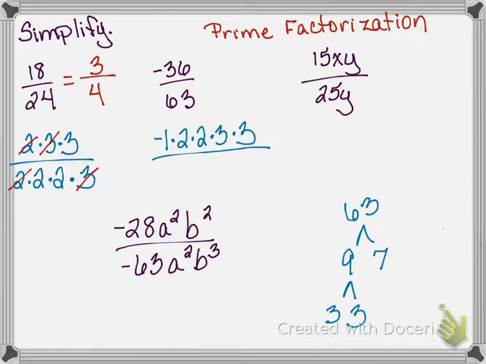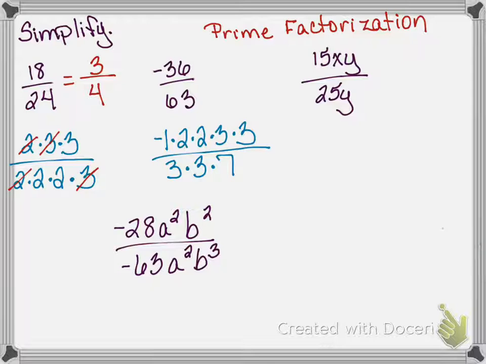So then I have 3 times 3 times 7. You may not need to do the factor tree every time, but that's what we do when we have some of the larger numbers. For our next one, we're probably not going to need the factor tree. If it's on the top and the bottom, I cancel it.